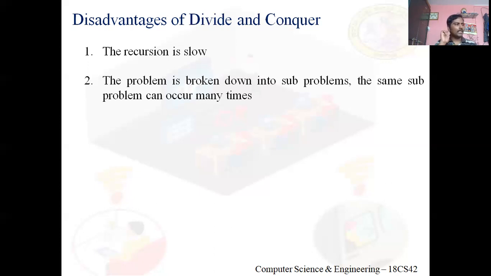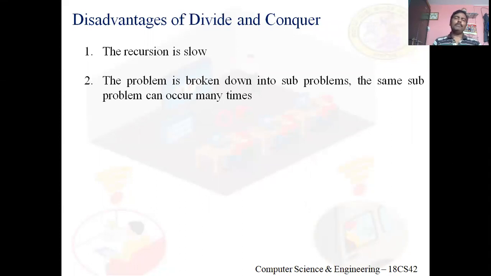I repeat, on each invocation, data need to be pushed into the stack, and when the algorithm gets executed without further invocation, data need to be popped from the stack. It's time consuming. So recursion is always slow.